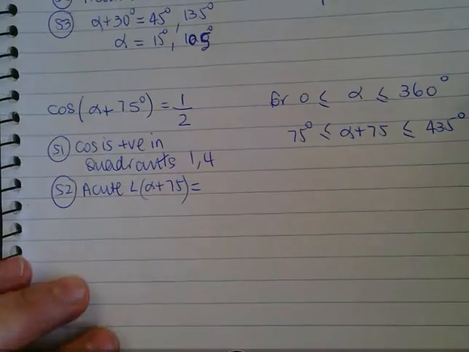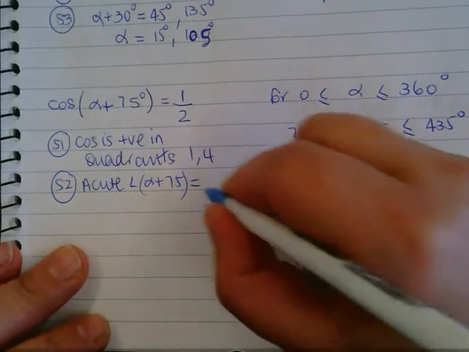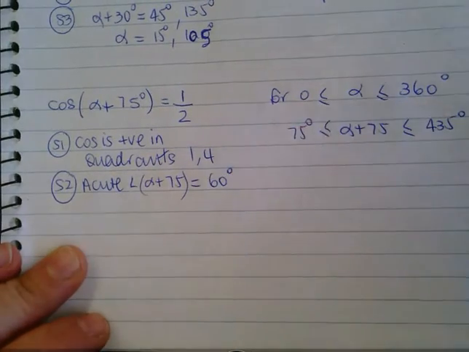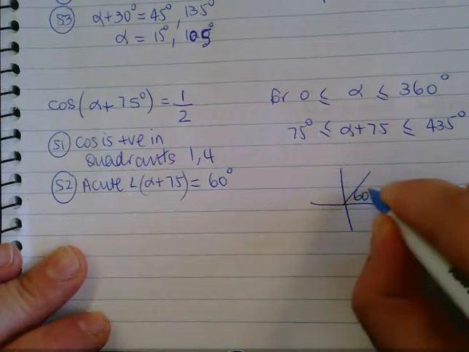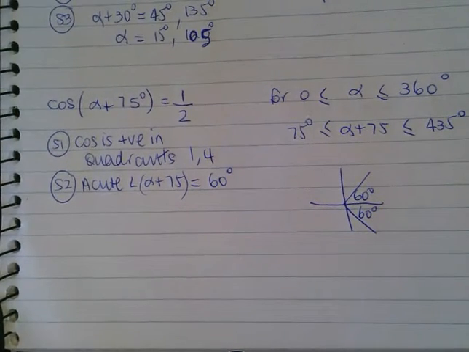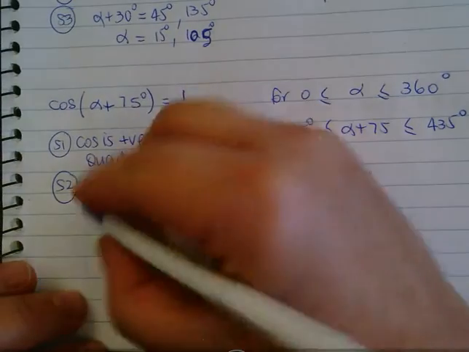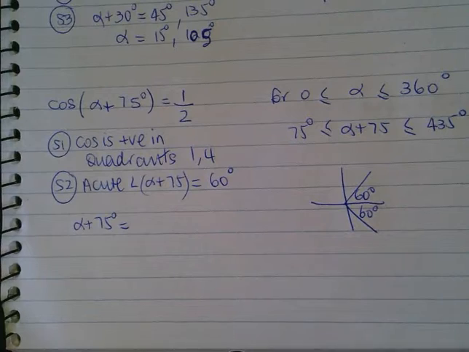Yeah, well, sine of 30. If you just remember sine of 30 is a half, then cos of 60 is a half. So we've got 60 degrees sitting in quadrants 1 and 4. Now be careful. What we're going to do is, now we need to list our solutions. Now I'm going to stop.